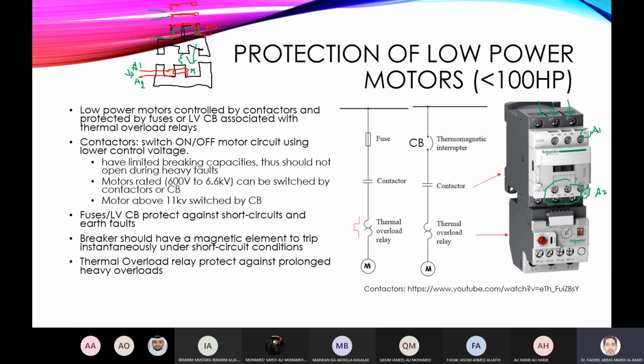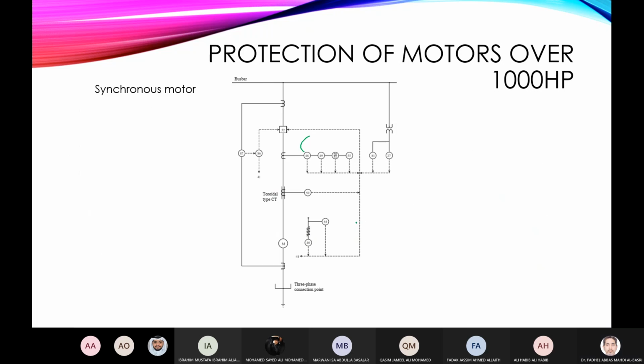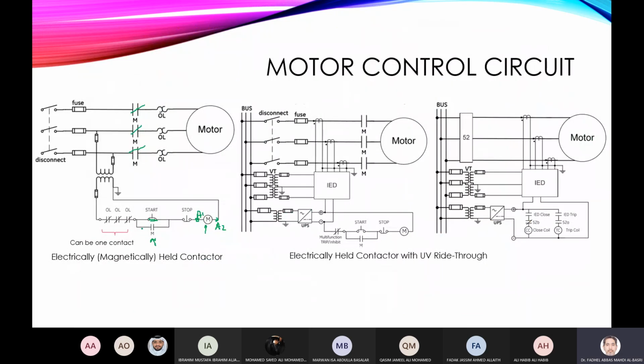I will connect it in parallel with the start push button. So once this is started, the coil will be energized, this will also be closed, and current will flow. And once I release my hand, the current will flow through this bypass contact and continue.